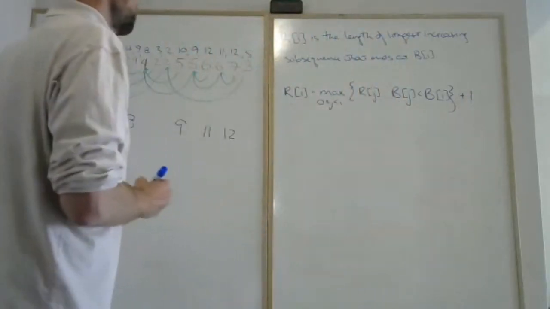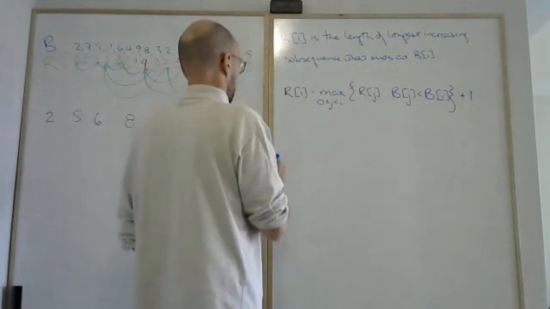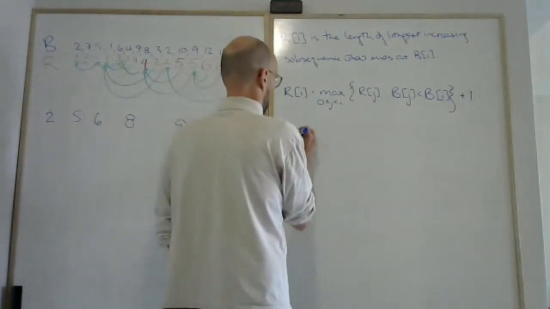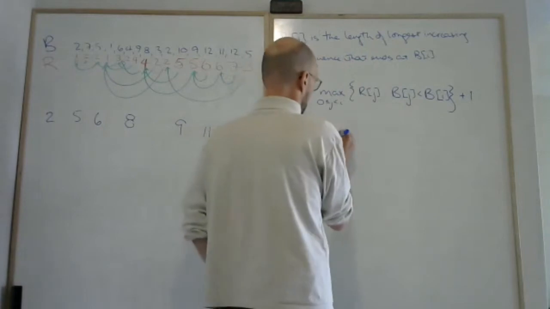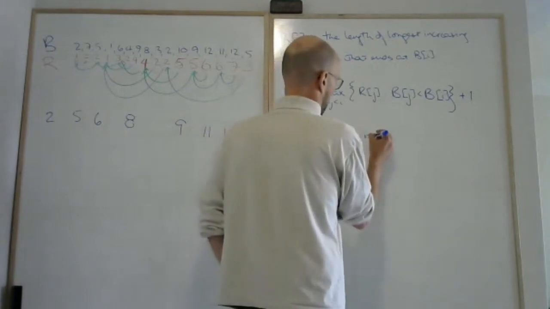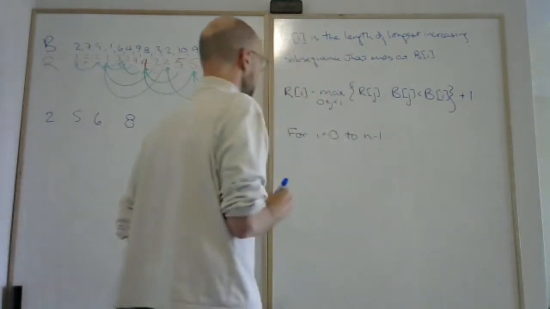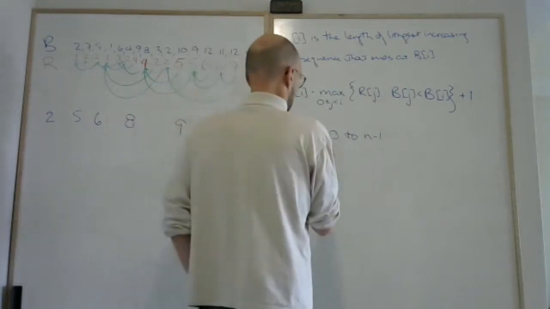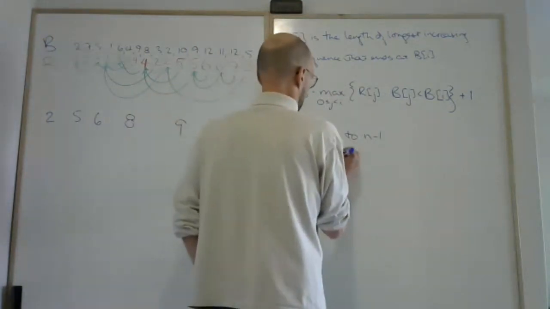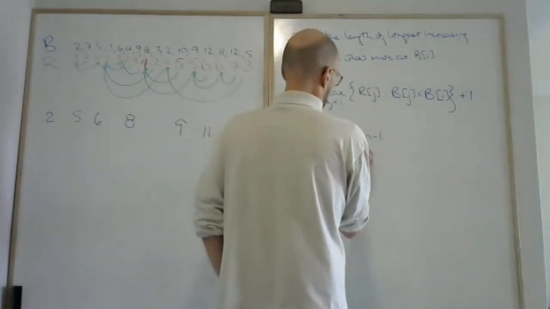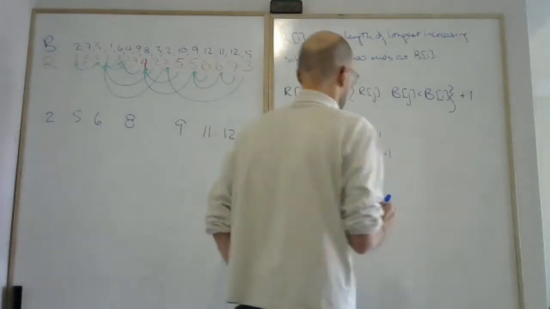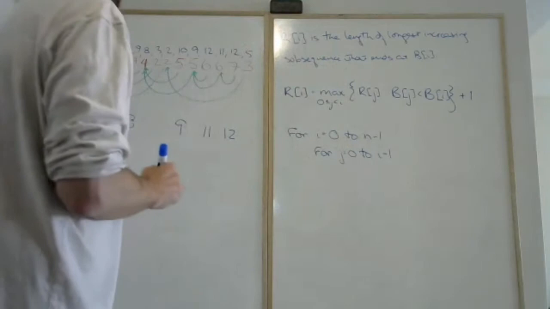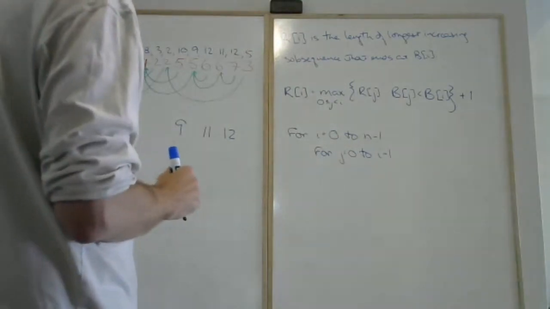So how do we do this? Well, for i equals 0 to n minus 1, and then I realized, oops, I should have stuck a max in there.